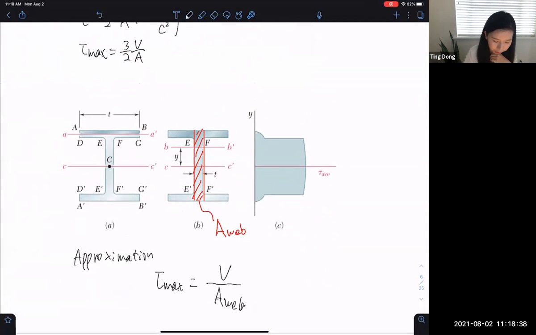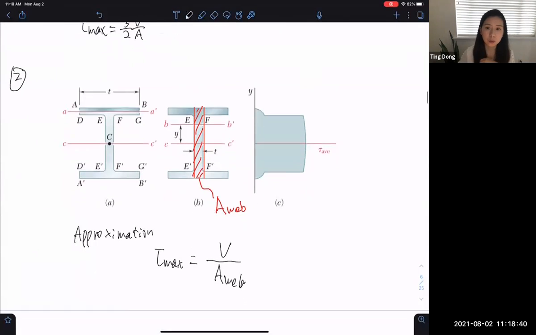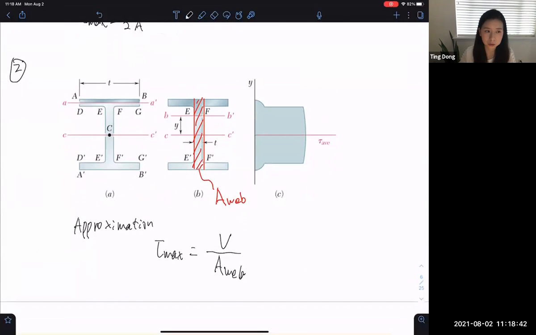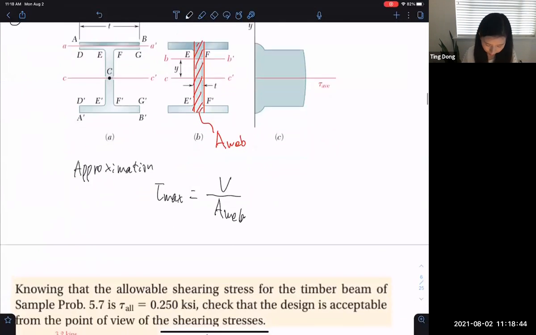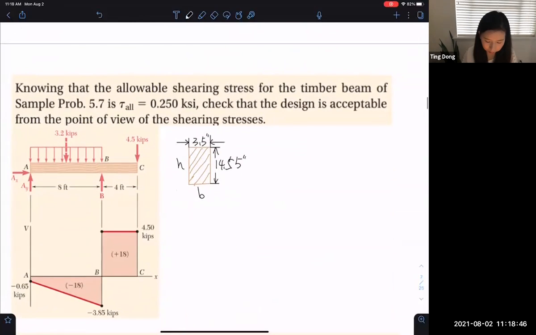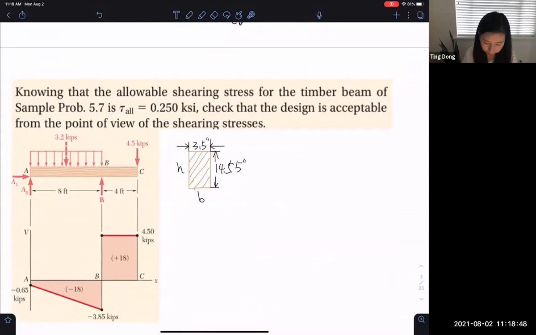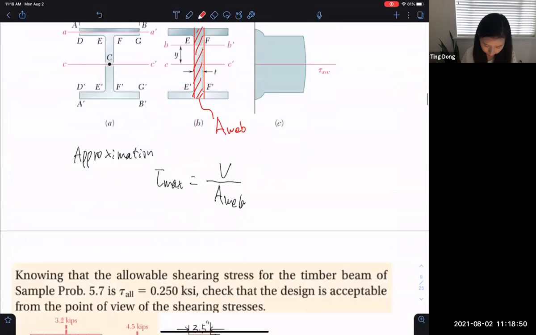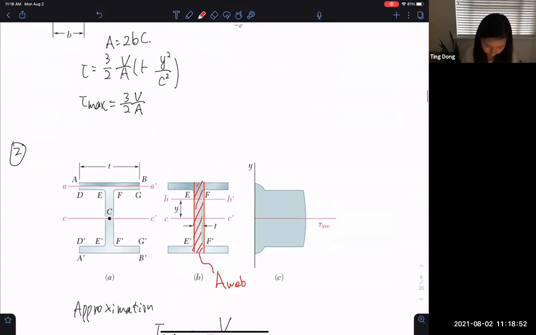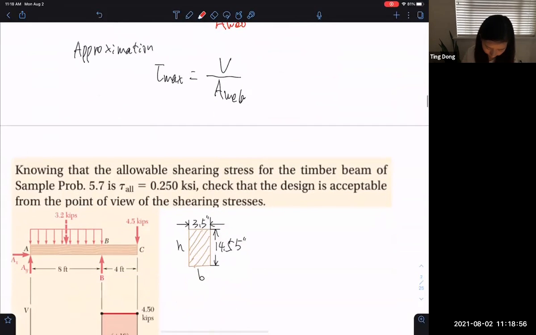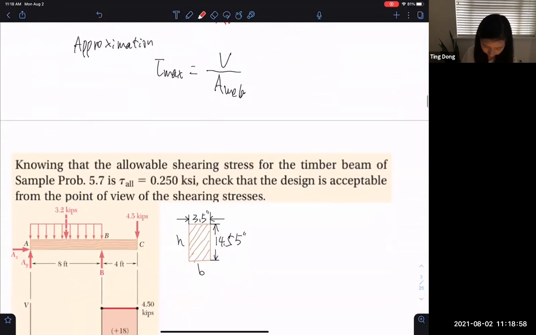These are two special cases for specific cross-section geometry. And we had an example problem in the class. I think this directly uses this equation to calculate whether the design is acceptable or not. It gives an allowable shear stress.